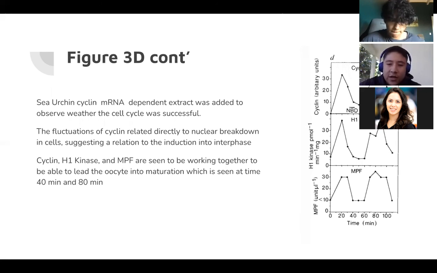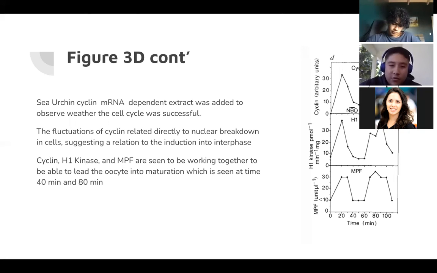So on the next slide, we see that in this figure, a sea urchin mRNA cyclin dependent extract was added. This mRNA extract was significant in great detail. So when we look at the figure, there's a very defined proportional relationship between the H1 kinase, the cyclin, and the MPF, which is the maturation promotion factor.